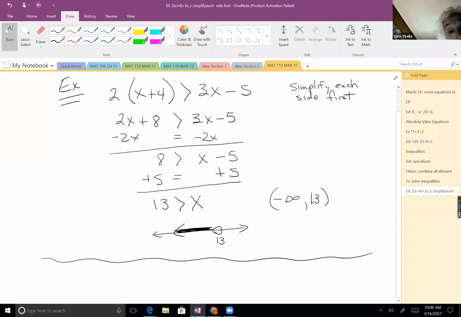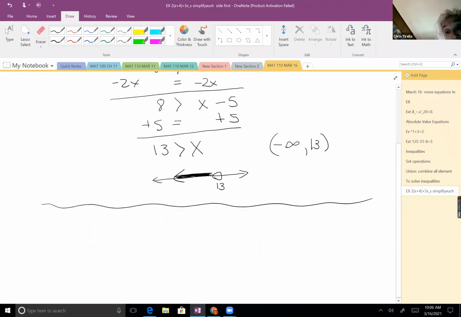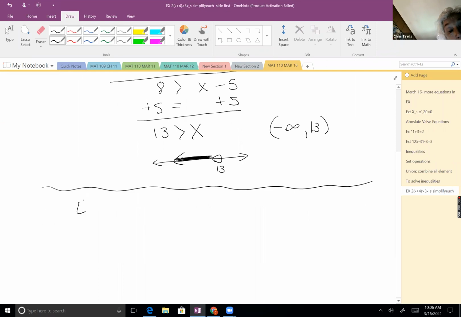Instead, let's say I have 7 minus 3x is less than negative 2. Here, there's no need to simplify. I'm going to get the x alone. So let's subtract 7 from both sides.